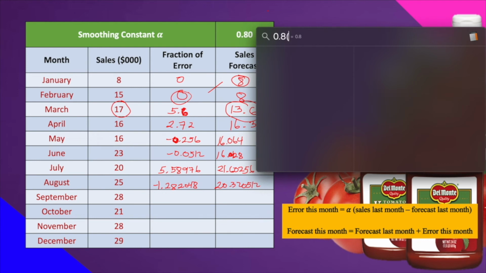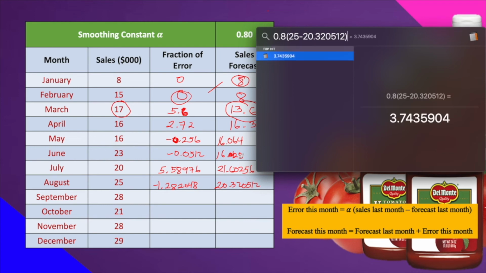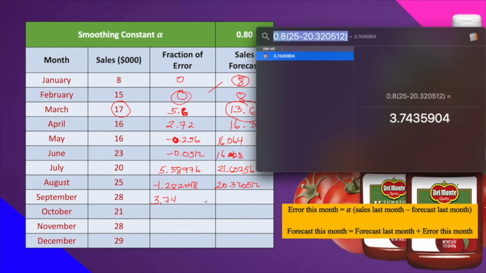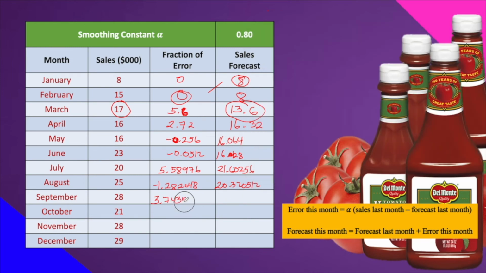Anyway, next natin for the month of September, error this month, we have 0.8 na constant. Sales last month is 25 sa August, minus forecast last month, which is 20.32051. Our answer is 3.735904.